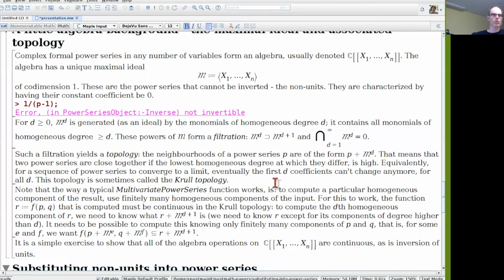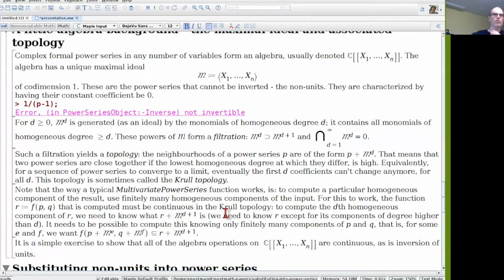So if we want to compute the d homogeneous component of R, we need to know R up to its coset given as R plus m to the d plus 1.